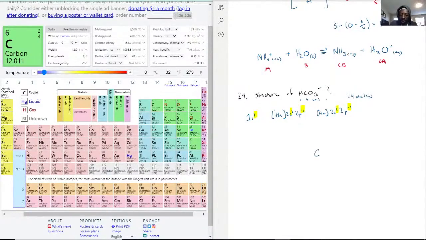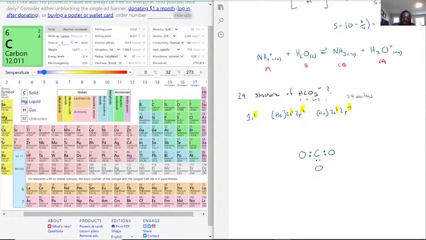So CO3. I'm just going to put carbon in the middle like this as a start, because it's sharing 1 each with the oxygen. At least this is the theory so far. And now we're going to see how many valence electrons are left.